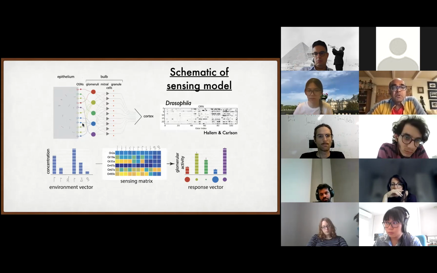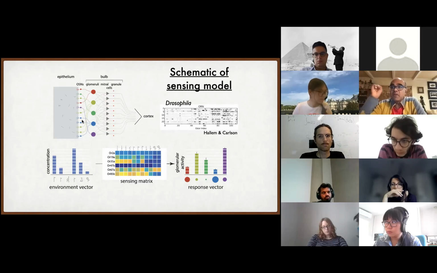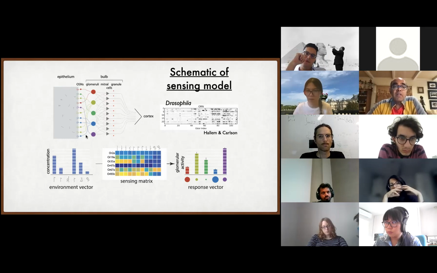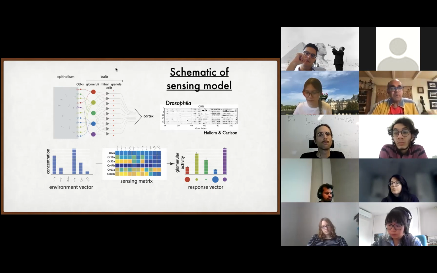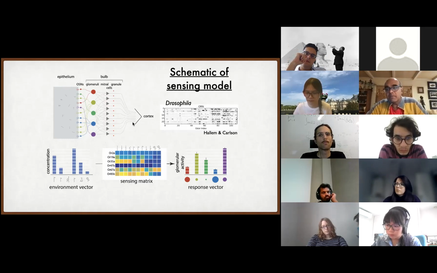Each color represents a neuron that expresses a different receptor. There are a certain number of receptors, and they're expressed in multiple sensory neurons. The sensory neurons respond, and then at the second layer there are these things called glomeruli, which collect the responses of all neurons expressing the same receptor type. That gives you a representation that aggregates the receptors of a given type. Then there's some processing, some lateral inhibition, and so on, and those things are projected apparently randomly to the olfactory cortex. So that's the structure of it.